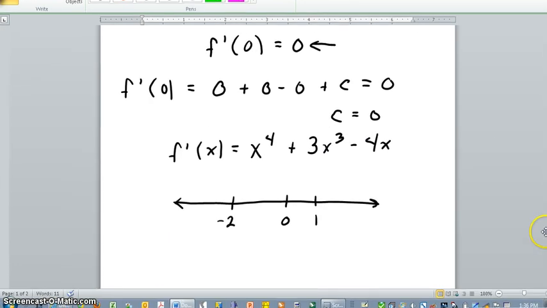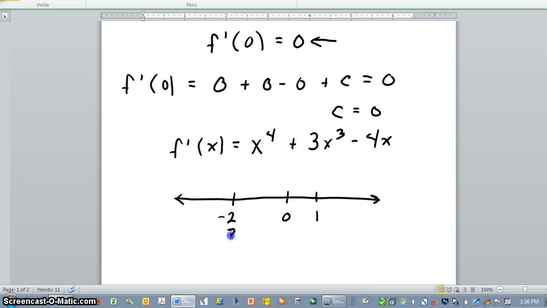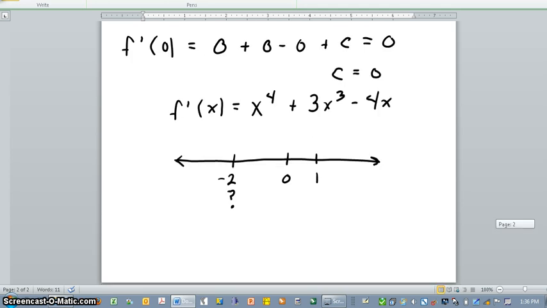The only question is what's going on here at -2. The way that we do the first derivative test is we pick a value on the interval on either side of -2. So maybe we go with -3 here and -1 here. And then we need to plug those into our first derivative.